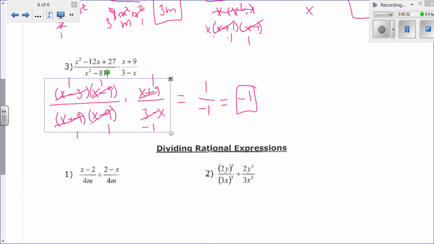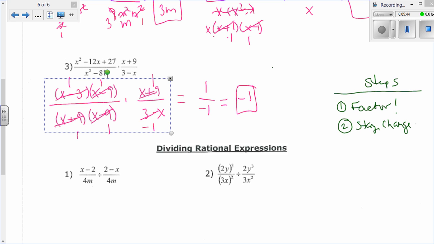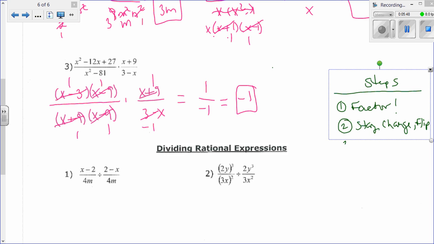So for dividing, we have steps again. We have steps again for my division. 1 is to factor. 2 is stay, change, flip. 3 is to cancel.